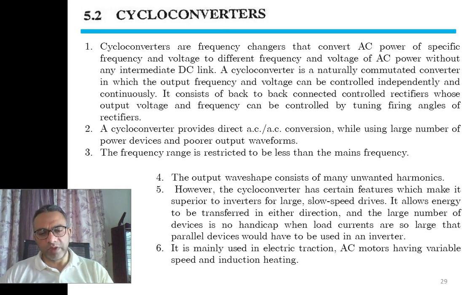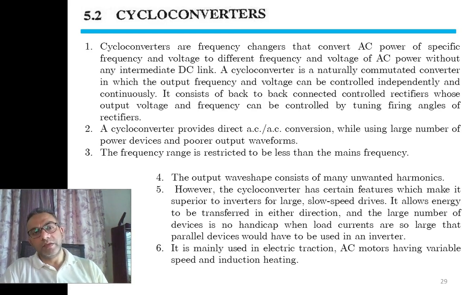For example, if the main frequency is 50 Hz, then the cycloconverter frequency will be less than 50 Hz, ranging from 1 Hz to 49 Hz. Fourth point, the output wave shape consists of many unwanted harmonics. This is another disadvantage, that not only is the wave shape of poor quality, but the wave shape, once we break down into frequency components, we will find that it has many unwanted harmonics.